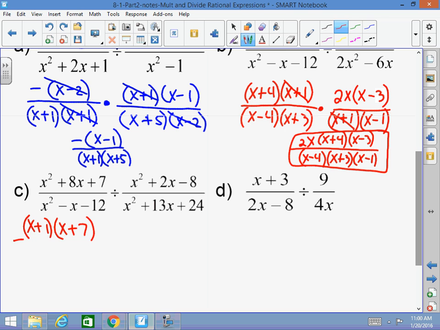So this is x plus 1, x plus 7 over x minus 4 times x plus 3. So that's stay, change to multiplication, flip. X plus, let's see, what times what is 24, but when added together is 13? 12 and 1.